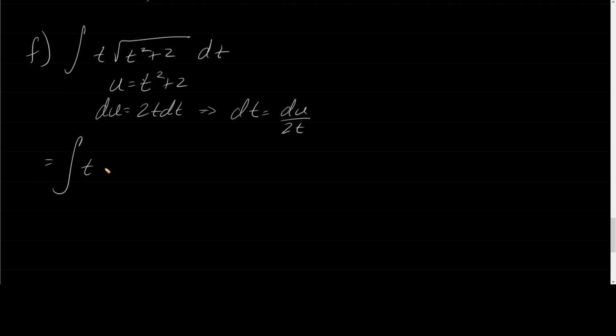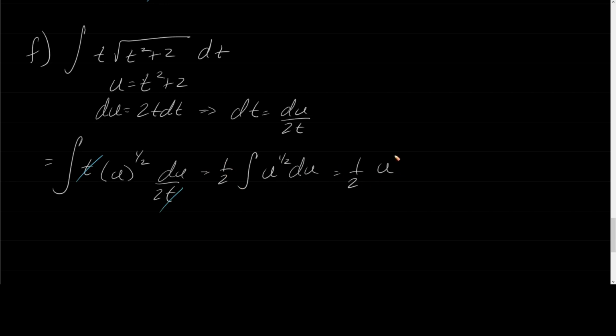So this integral becomes this t, I didn't use it for my substitution. This t squared plus 2, that was my u. The square root is to the power of 1/2. This dt is du over 2t. This t and that t cancel each other out. So what we really have here is just 1/2 times the integral of u to the 1/2 du, which is 1/2 times u to the 3/2.